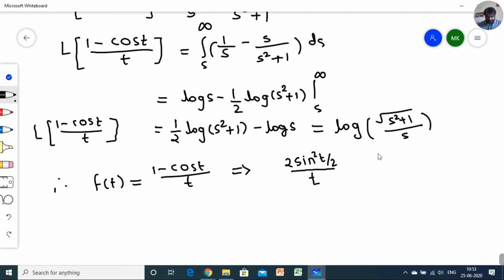If no doubt, because 1 minus cos 2t divided by 2 we can write as sine square t, which is equal to 1 minus cos of 2t divided by 2 by using this formula. So if the angle is double here, then here it is 1; if here the angle is 1, then by default it becomes half. So 2 sine square t by 2.